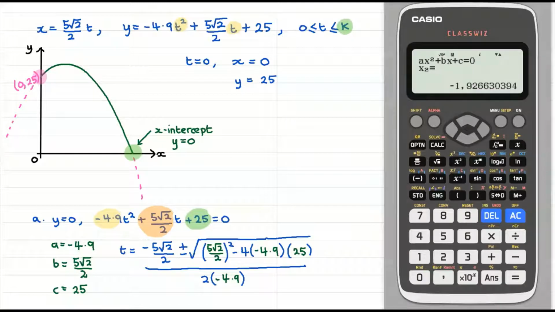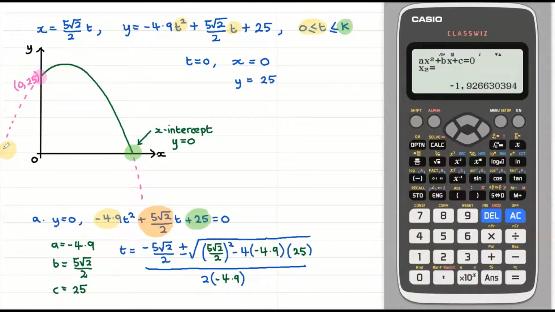So now we can write down our solutions. If we notice, we've got a negative solution. The negative solution we obviously dispense with, because t is defined for greater than or equal to 0, so that falls outside our range. This would be a solution if all values of t were allowed, and it would occur where this parabola would cross the x-axis over here.